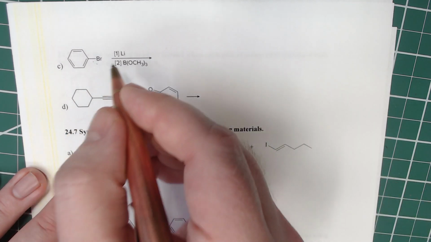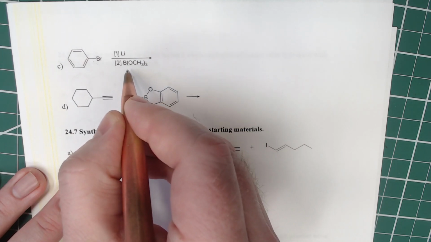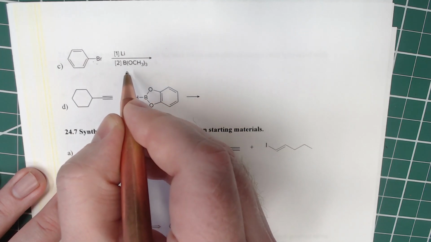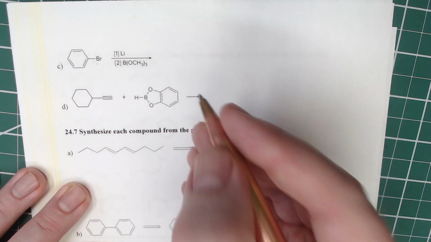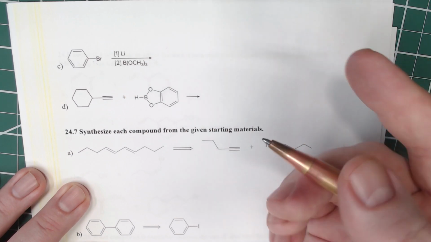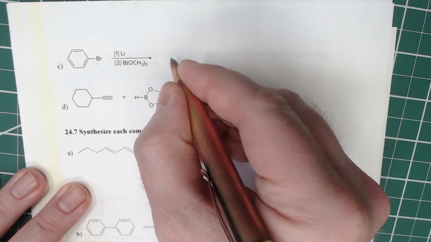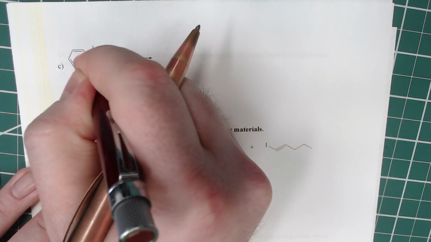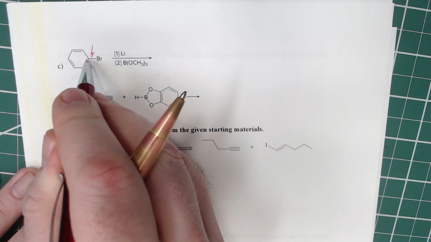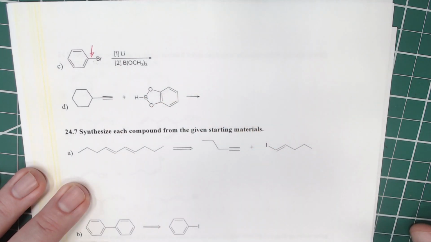And then we're going to react that with this trimethyl borate, and that will give us our aryl borane, which we could then use in a Suzuki coupling reaction. So we're going to break this bond here, and we're going to make a new bond between this carbon and boron.